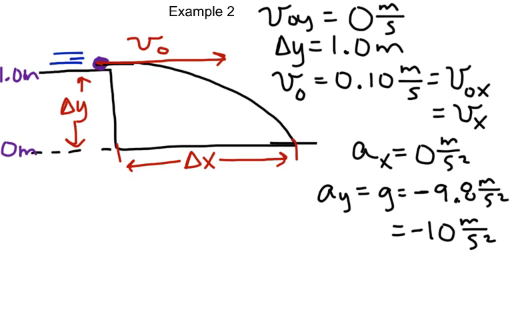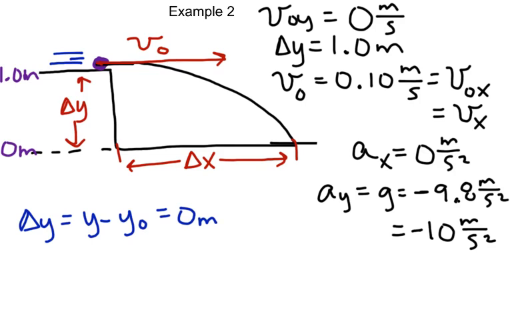I want to talk with you about my delta y a little bit more. So let's review what delta y is. Delta y is your change in your vertical position, which is your final minus your initial. And in this case, what is my final position? When the ball falls in the vertical direction, the final position will be 0 meters.